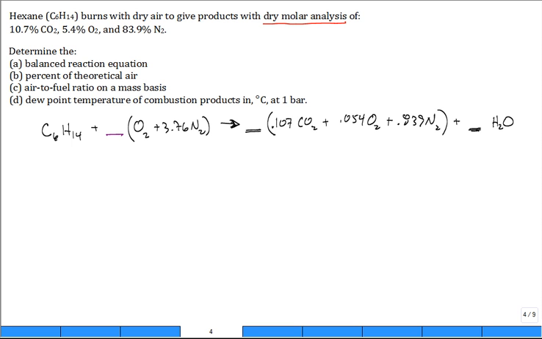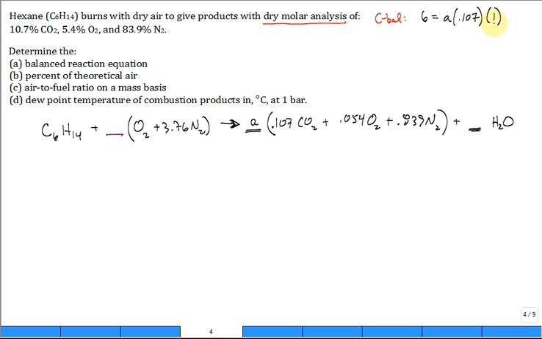If you do a carbon balance, how many are on the left-hand side? 6. And so what do we have on the right-hand side? Some unknown coefficient, we can call that A, times 0.107 times 1.